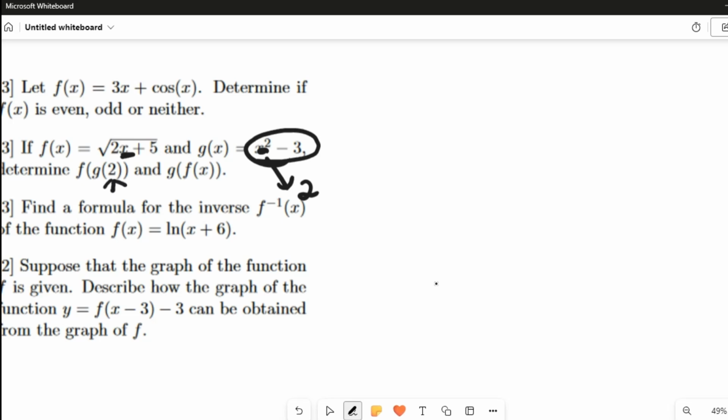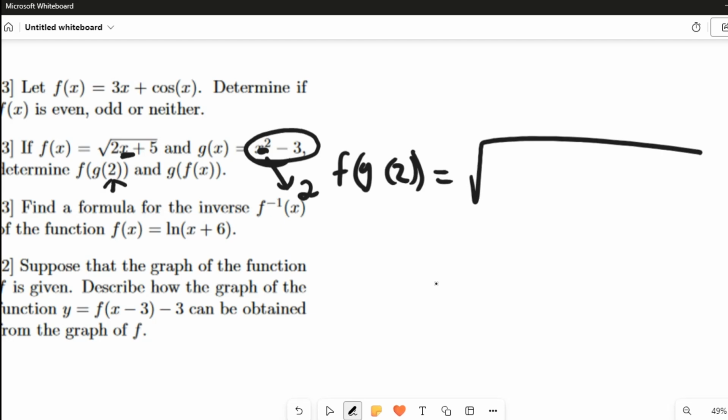Let's just go ahead and say f composed with g at 2. This value is basically the square root of 2 times x, where you replace x with x squared minus 3. What is x squared minus 3? We replace this x with 2, square that, subtract 3, and then close.